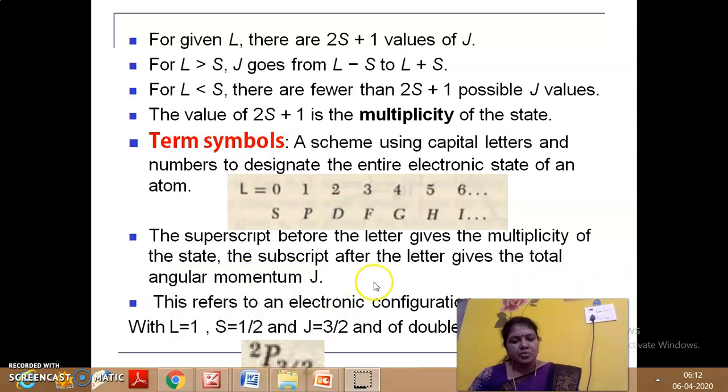So now, with L equal to 1, because P takes the value L equal to 1, with 2 as the multiplicity, so 2S plus 1 is equal to 2, S takes the value half, and the total angular momentum is 3 by 2.